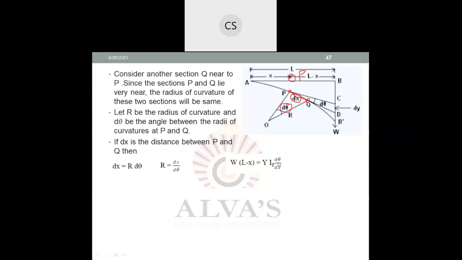So 1 by R can be substituted by the reciprocal, d theta by dx. So the angle between the two radii of curvature of P and Q can be written from this: d theta is equal to W into L minus x divided by Y into Ig, into dx. Call that equation 2.